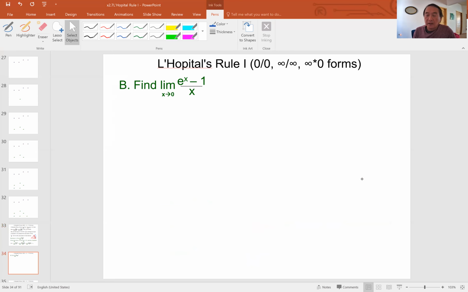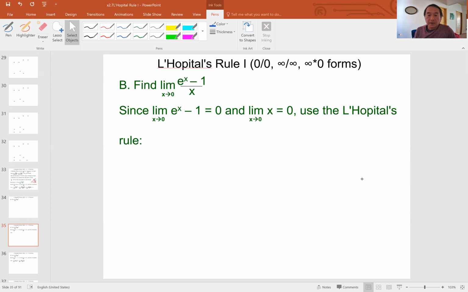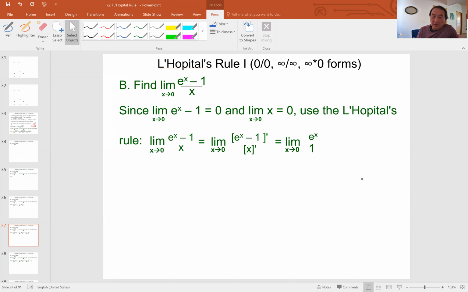And here is the derivative proof, the L'Hopital's proof. Again, plugging in, you get 0 over 0. So take the derivative of the top, take the derivative of the bottom, and see the rate at x approaching 0. Then you get 1, then you get the answer 1.